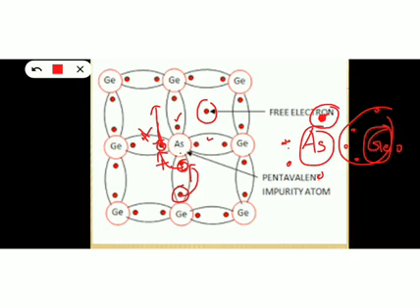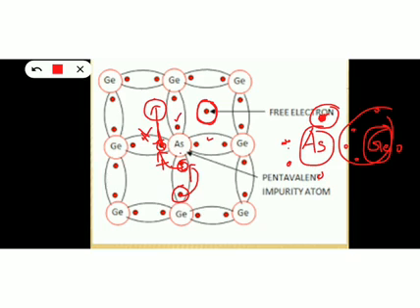Here 3 types of electrons are produced. One, free electrons are available by the adding of impurities. Second, free electrons are available by the breaking of covalent bonds. And third, electrons move from one hole to another hole.